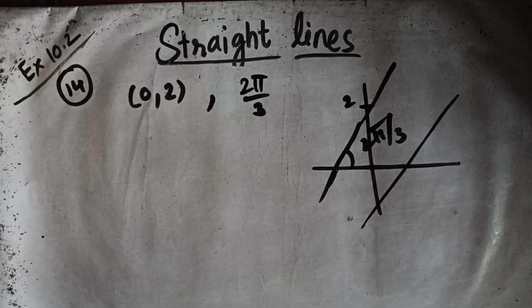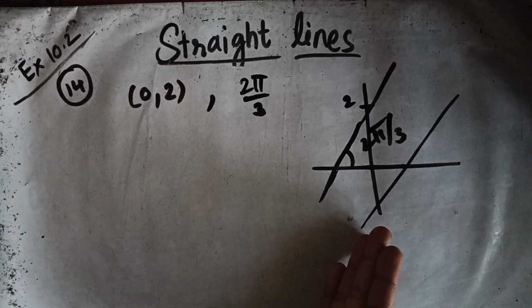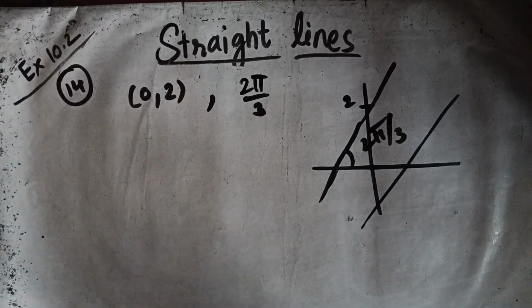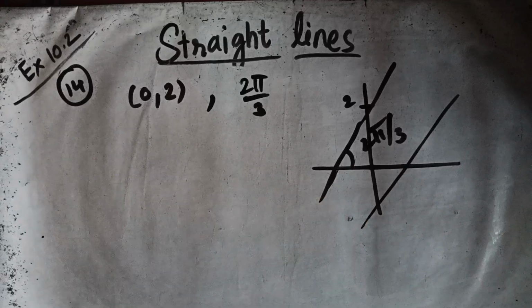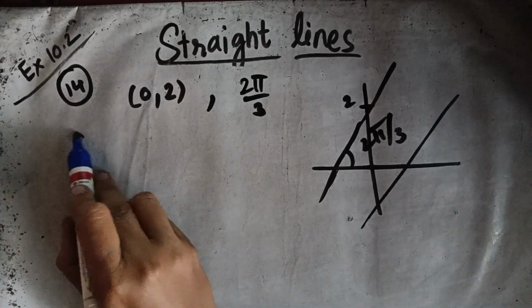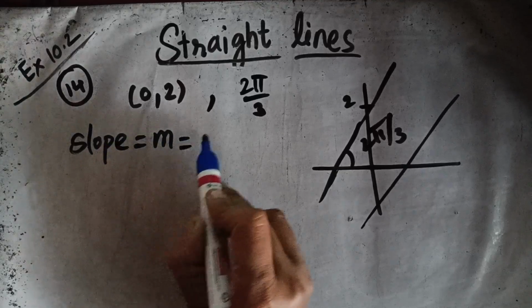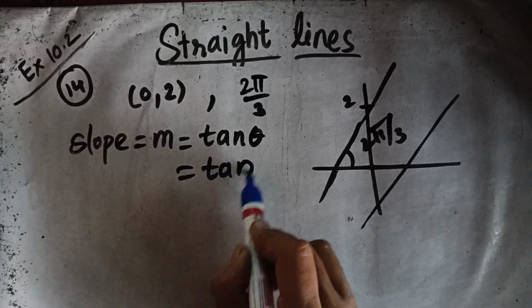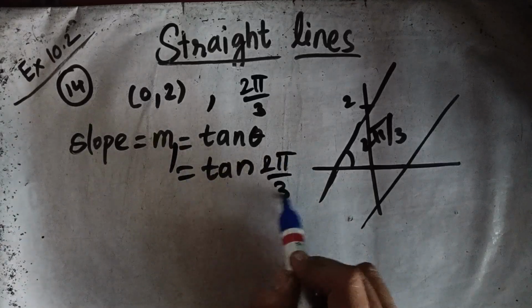Okay, so if you want to find the equation of the line which is parallel, you know the condition for parallel lines, that is slopes are equal. You can find the slope of this line, slope is given by tan of theta. So this is the slope of the first line, tan of 2 pi by 3.